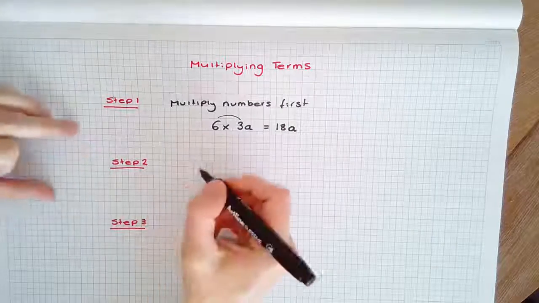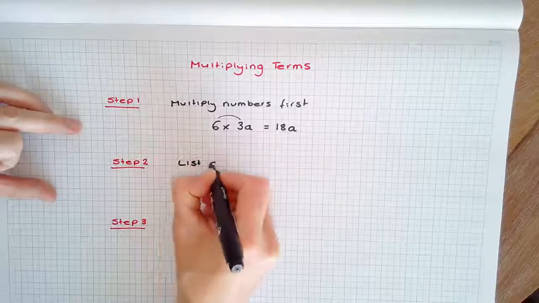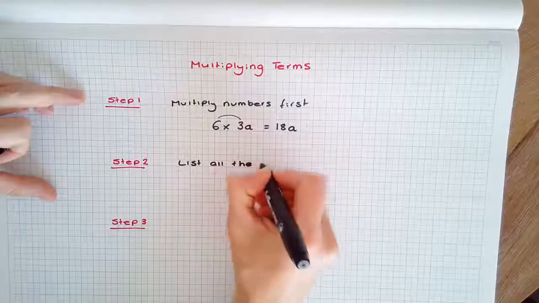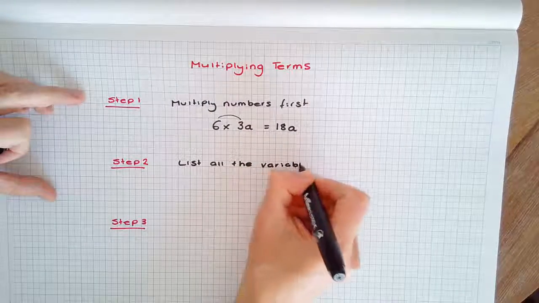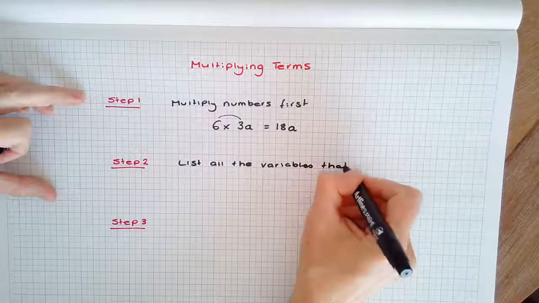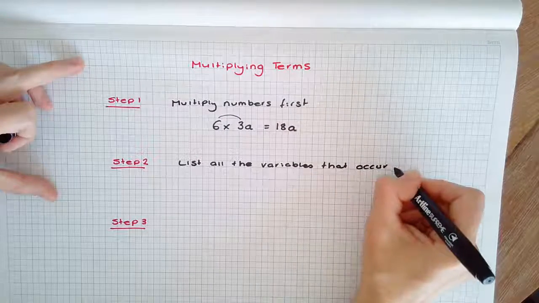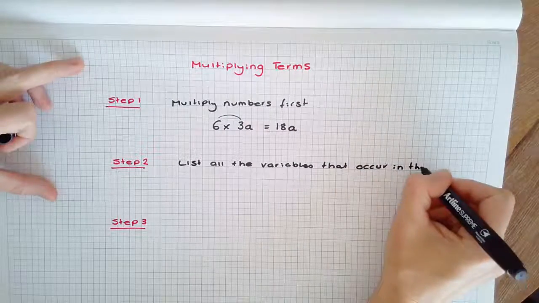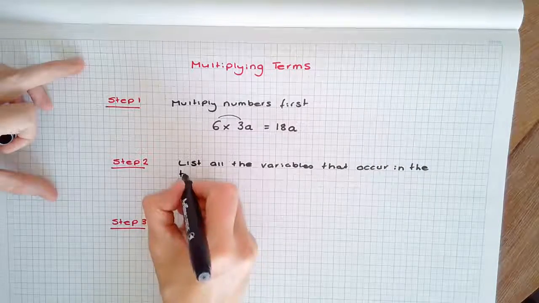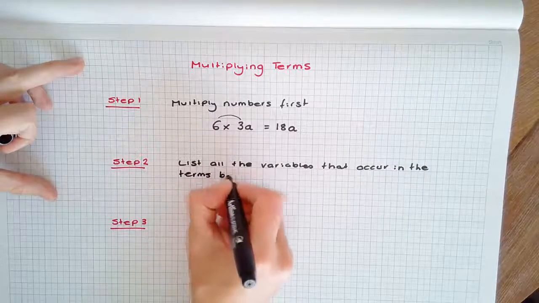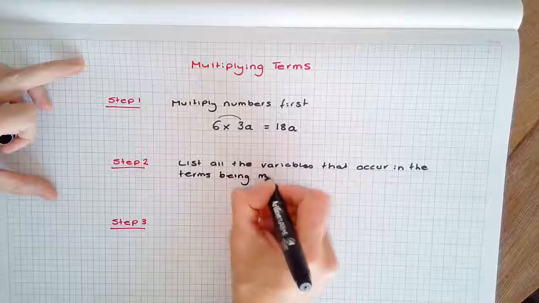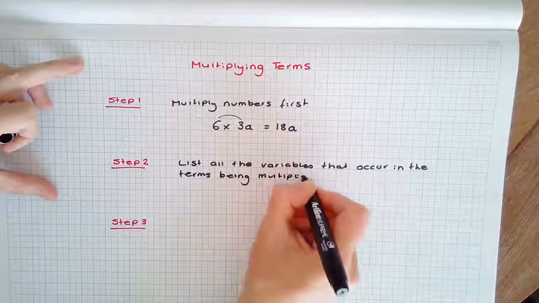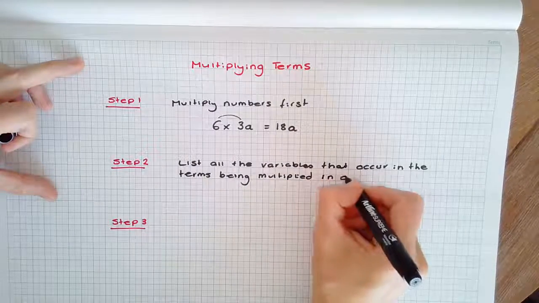Step 2, list all the variables that occur in the terms being multiplied in alphabetical order.